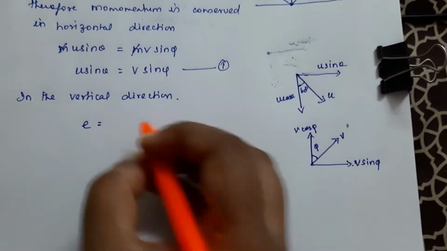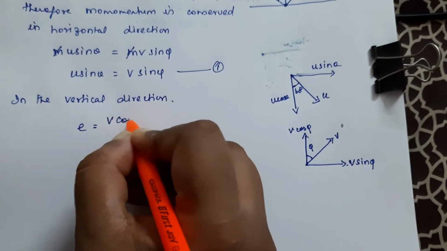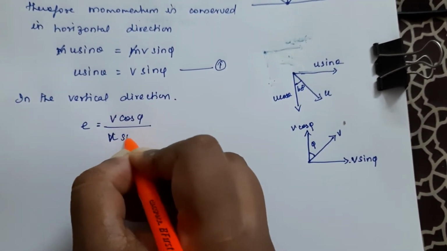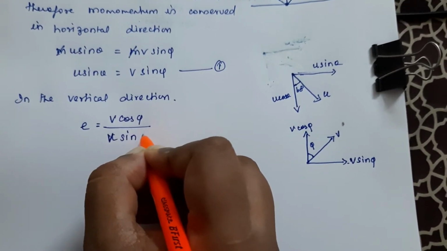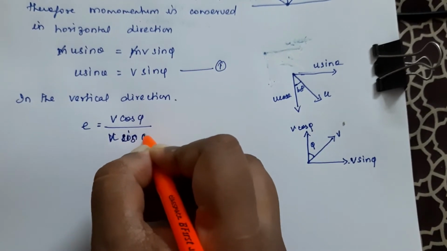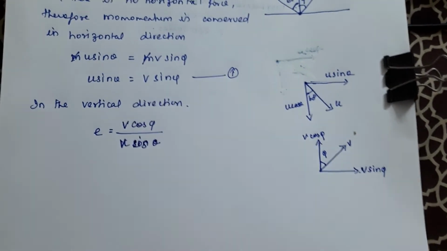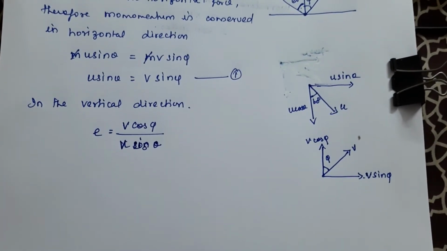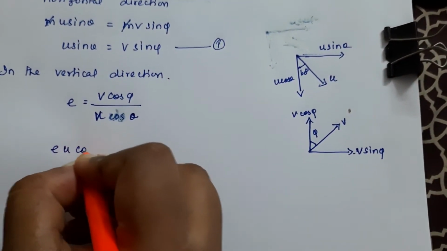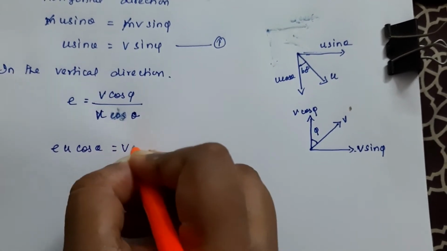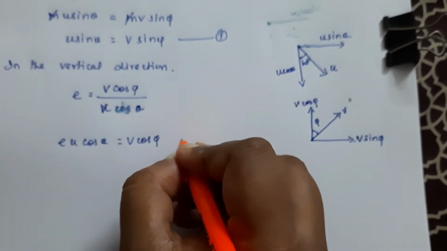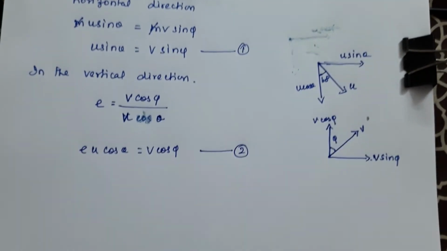What is the velocity after impact? v cos phi by u cos theta. Now this can be written as e u cos theta is equal to v cos phi. So this is equation number 2.